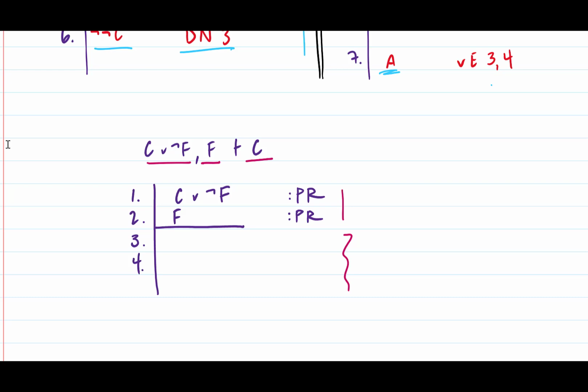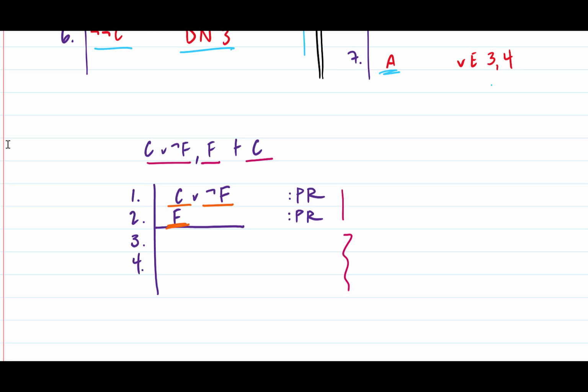Okay, so that being said, you know that for a disjunction, one side of the disjunction has to be true. So for the sentence that we have here on line 1, either C or not F has to be true. Both of them can be true, but at least one side of the disjunction has to be true for the whole sentence to be true. Now we also have F here on line 2, and so F and not F cannot both be true at the same time.